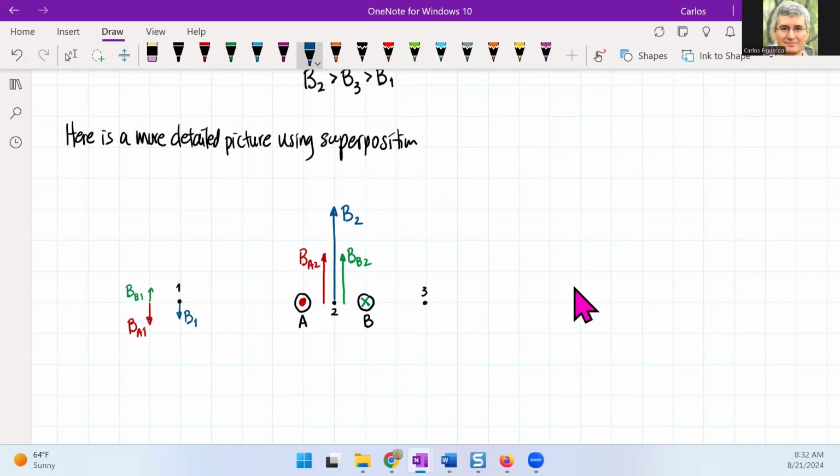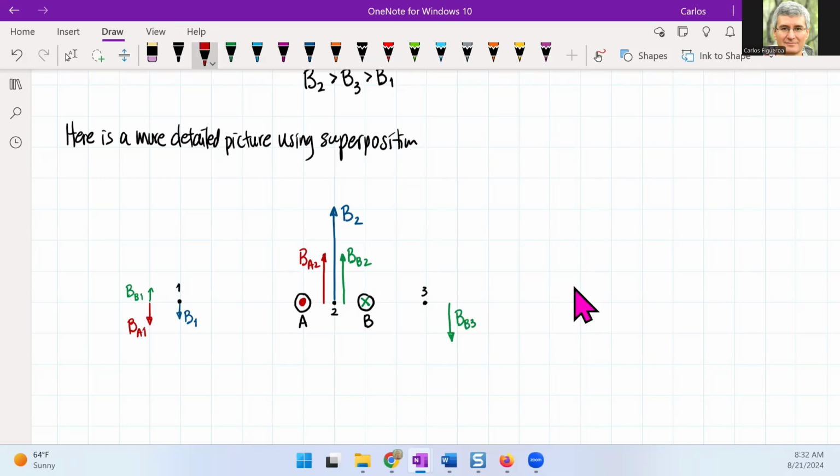Now note that 3 is closer to the center than 1, so they should have larger magnetic fields. So in this situation, we'll say that here, the green field is pointing down. So let's say that this guy is going to be, let's say, this big. So that's going to be the magnetic field of B at 3.